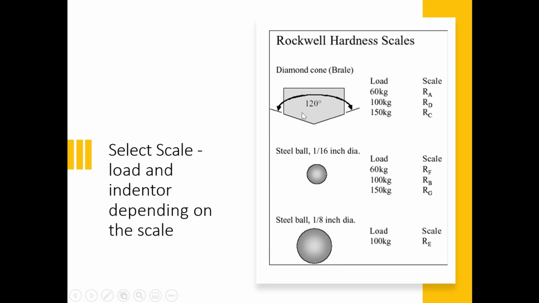So this is a diamond cone, or you can call it a brale. The scales used for this are A, D, C scale. 1/16 inch ball is used for F, B and G scale, and 1/8 inch ball diameter is used for E scale.